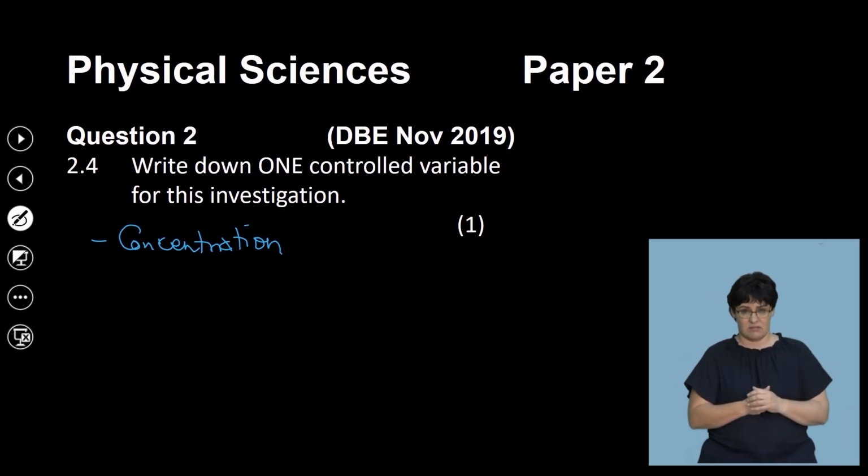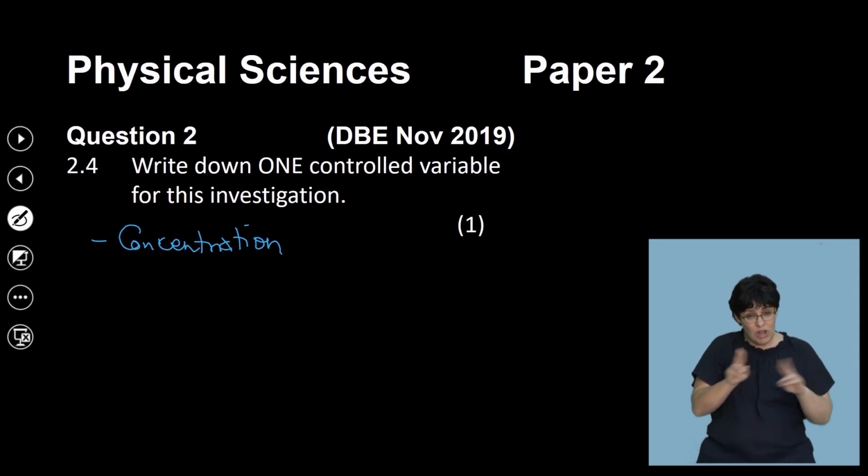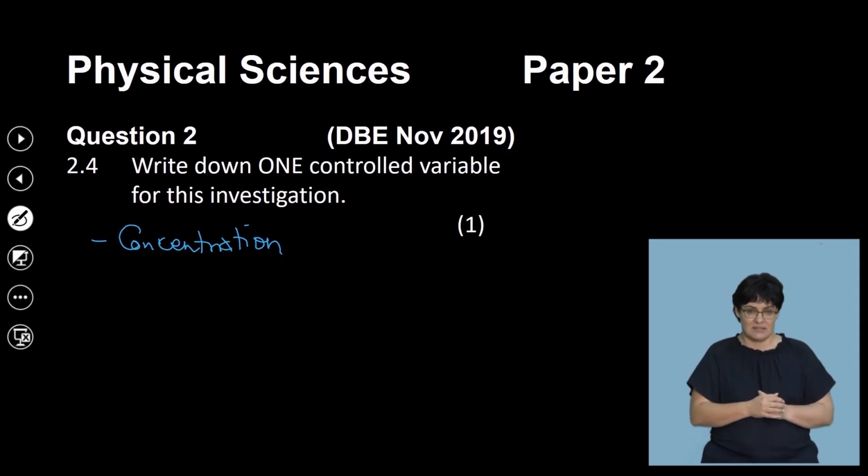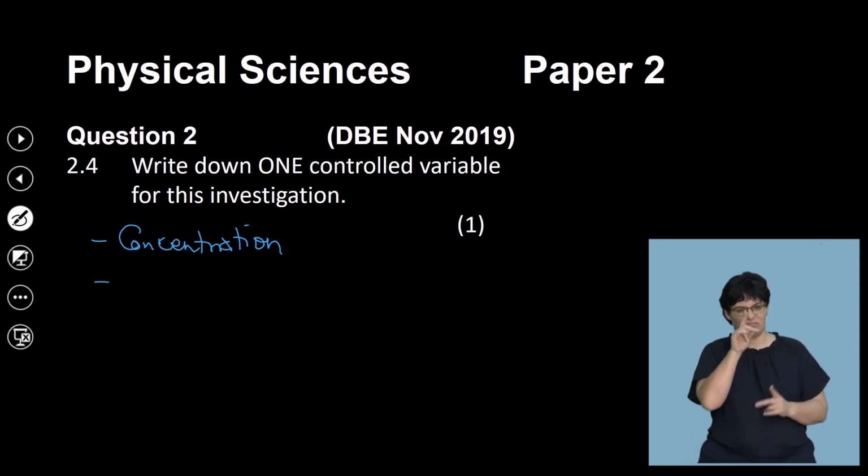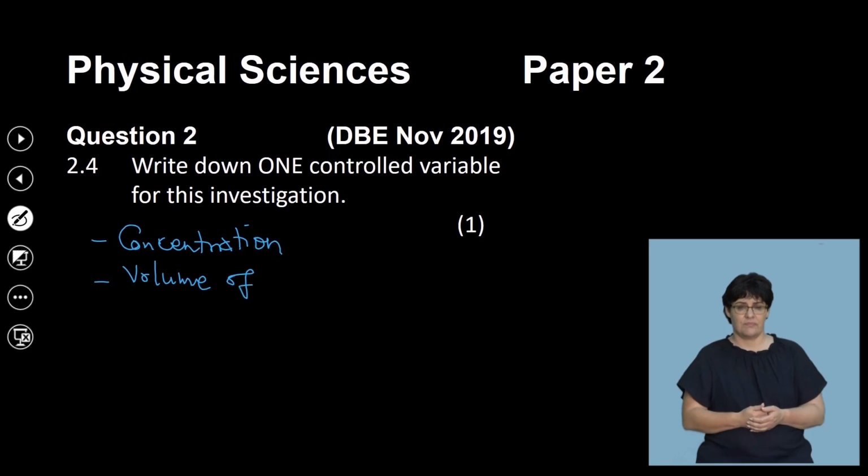But if we vary temperature, it means the concentration of the acid that is used in the reaction needs to be kept constant. So that's one of the obvious ones that comes to mind. We can also talk about the volume of acid used.